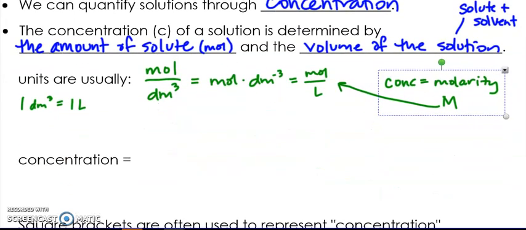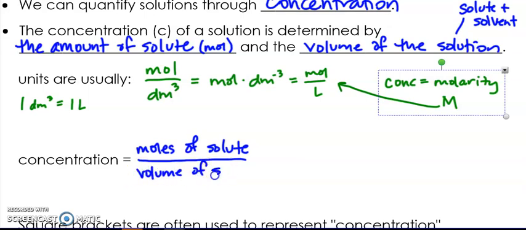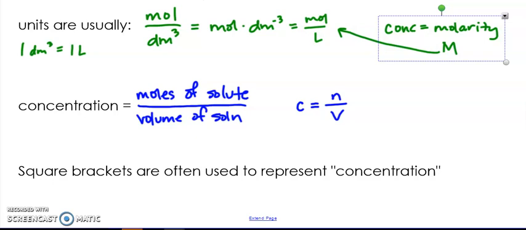All right, so concentration is, here's our actual equation. Moles of solute over volume of solution. So simplified, this would be C for concentration is moles, so n, over volume, V. All right, so you'll see this at times with square brackets.